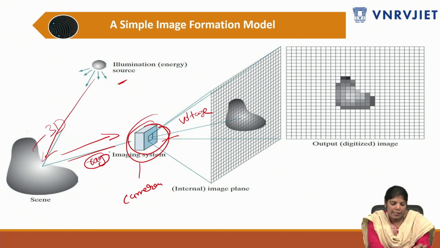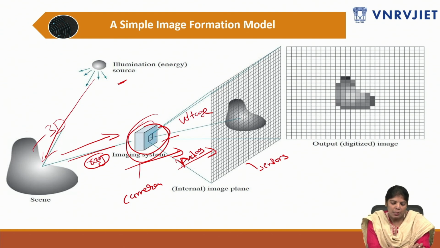This reflected light will be captured by the imaging system. The imaging system has a lens, and behind the lens we have sensors. The sensors will map this light to the corresponding voltage levels. This is the analog signal, and this analog signal is mapped with the corresponding sensor levels.